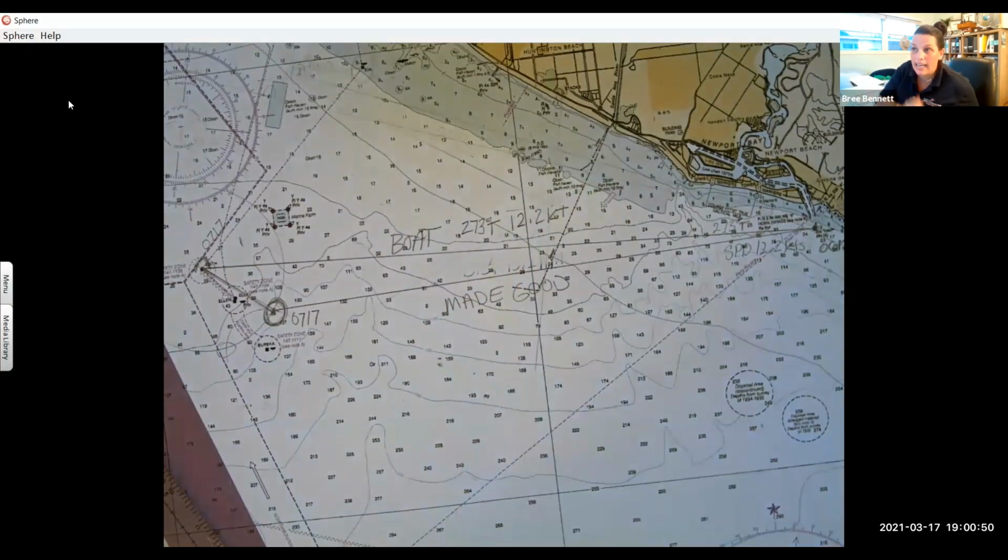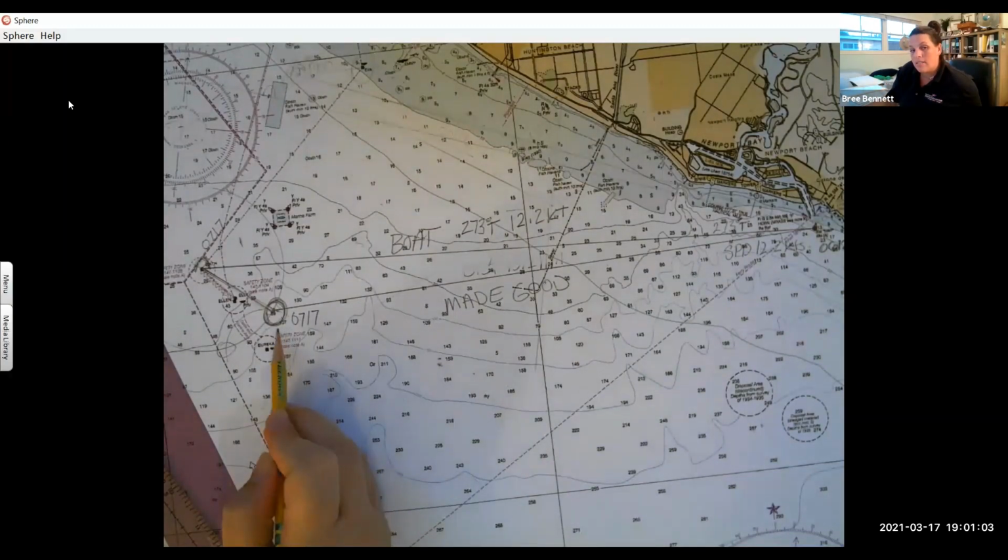And we started heading in that direction. And it was 00 fog. So we didn't really know where we were going. We just had our course and we had our speed. And then at 7:17, we used our radar to get an actual position.